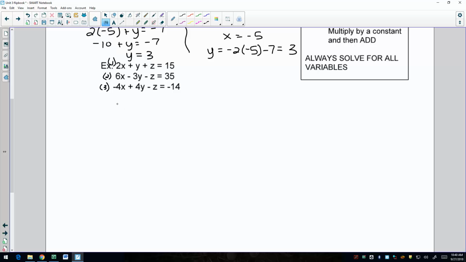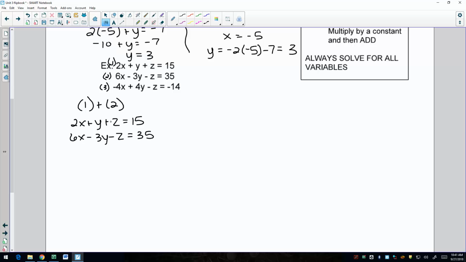So let me work through this example with you. Step 1, I'm going to add equation 1 and equation 2 together to get rid of the z's. So I'm going to rewrite those: 2x plus y plus z equals 15, and 6x minus 3y minus z equals 35.